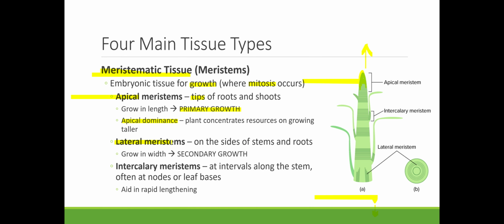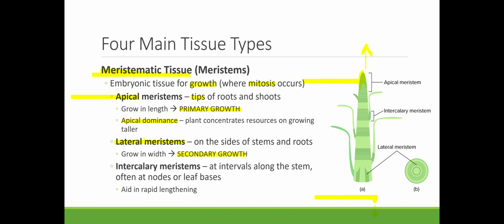Now another type of meristem are lateral meristems, and the word lateral means side. So these are going to be on the sides of stems and roots. And this is how they grow in width, which is called secondary growth. And I want you to think about tree rings, okay? So like you can see here in your dicots, because those vascular bundles are arranged in rings, as they build new xylem and phloem, it creates those ring structures as the tree gets bigger and wider over time.